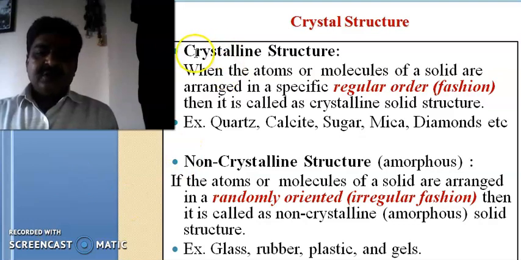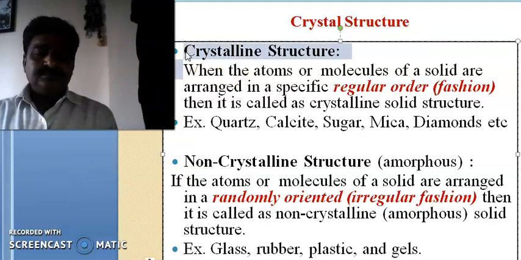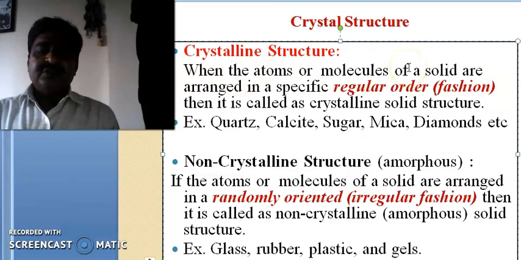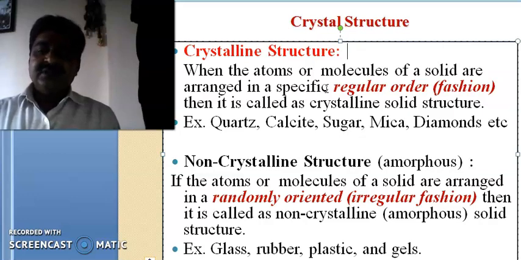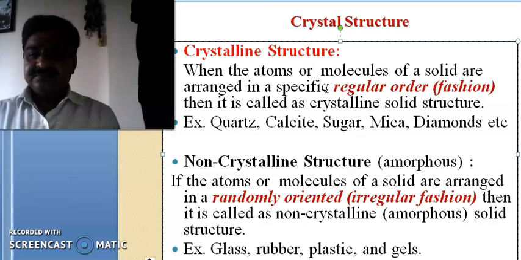Let us come to crystalline structure. What is a crystalline structure? When the atoms or molecules of a solid are arranged in a specific, regular fashion, then it is known as a crystalline solid structure, or simply crystalline structure.